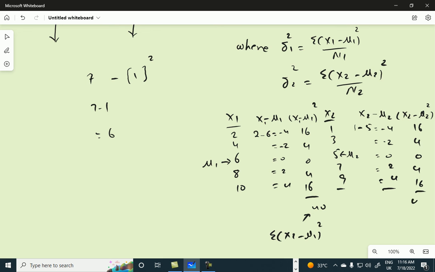This is also equal to 40, and this is equal to summation of (x2 minus mu 2) square. If you put summation of (x1 minus mu 1) square in this formula, this is equal to 40 divided by 5, which is equal to 8. Similarly, 40 divided by 5 is also equal to 8. So, sigma 1 square is equal to 8 and sigma 2 square is also equal to 8.